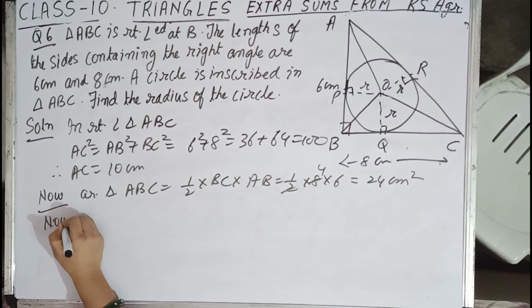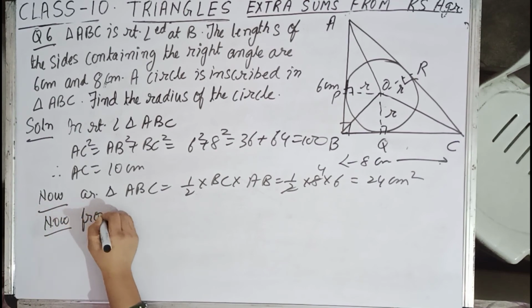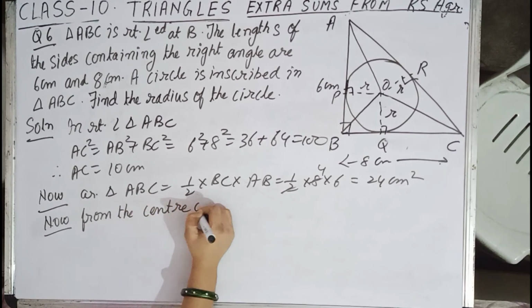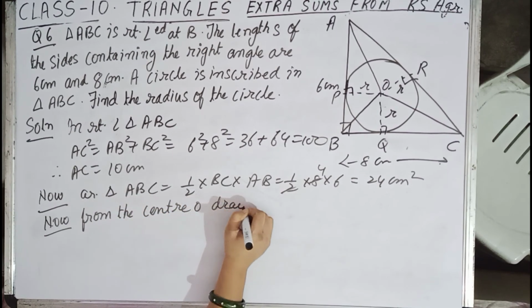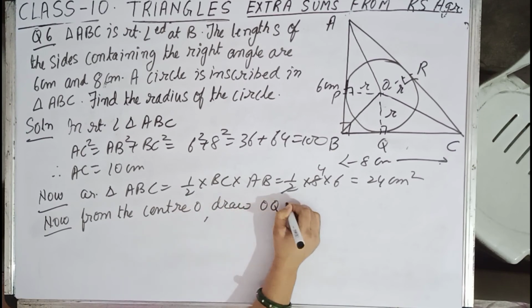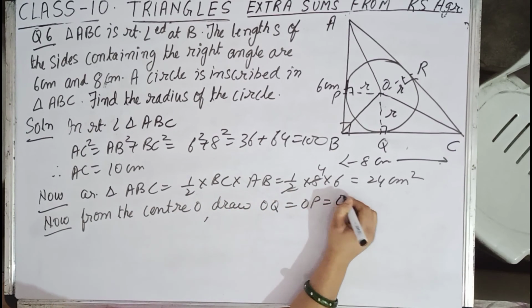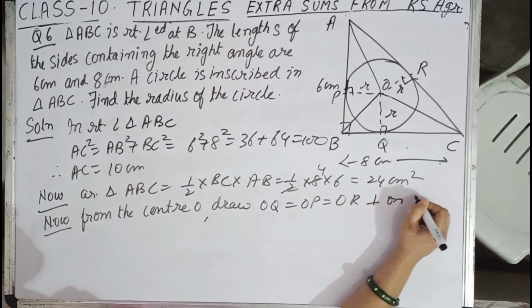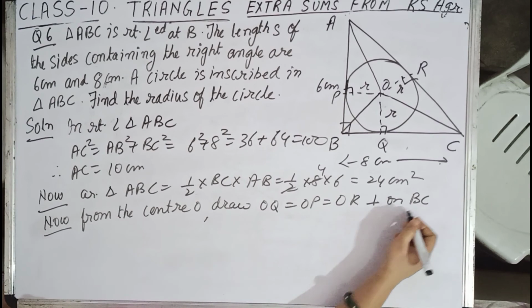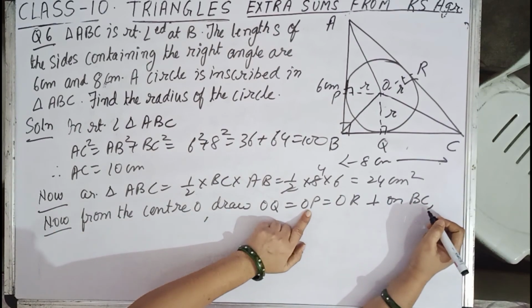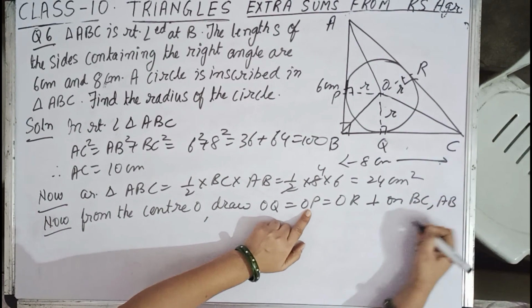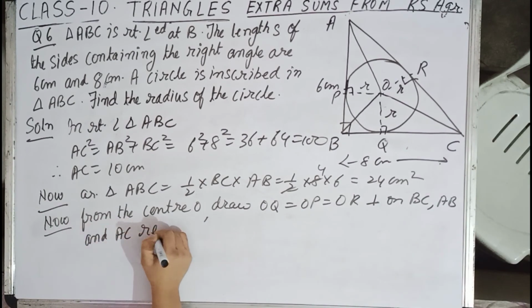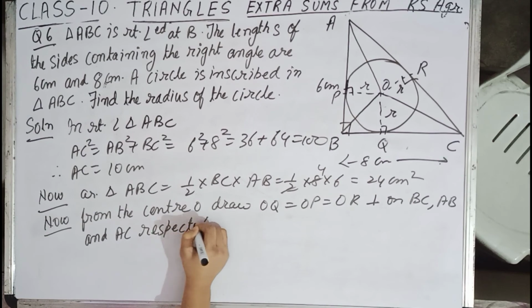Also, now from the center O draw OQ equals OP equals OR, perpendicular on BC, then OP on AB and OR on AC respectively.